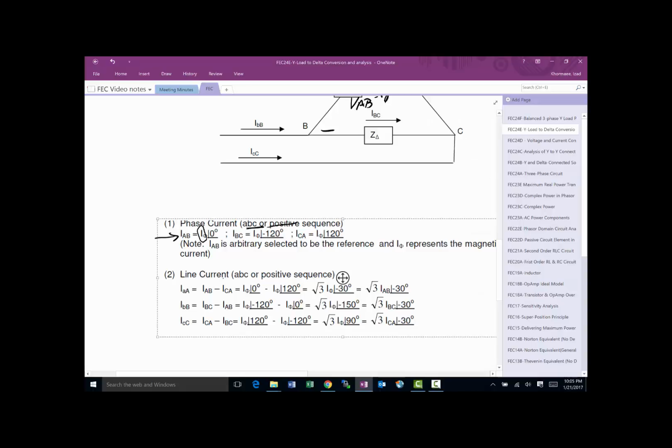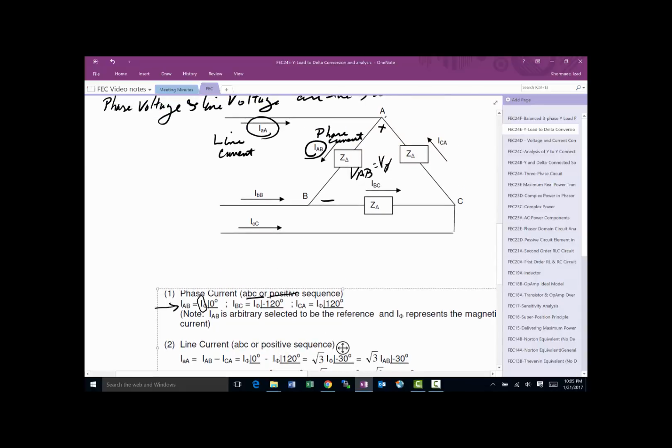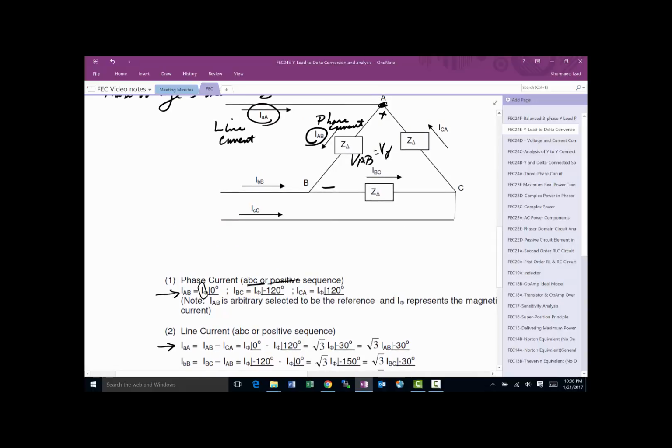Now the question is how we're going to take that and convert it into a line current. If you look at it, if you take for example this node, you will find that this current is going to be equal to this current minus this current, if you're applying Kirchhoff's current law. So if we do that, for this one, I capital A is equal to I AB minus I CB, which is basically saying this current is equal to this current minus this current.